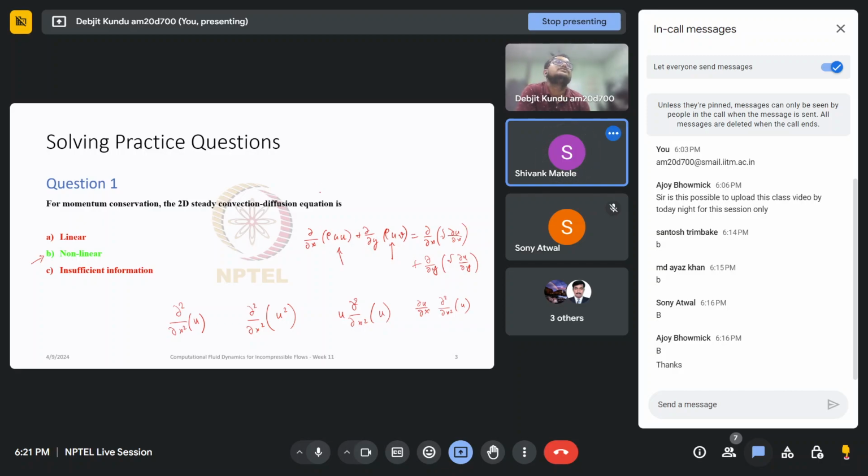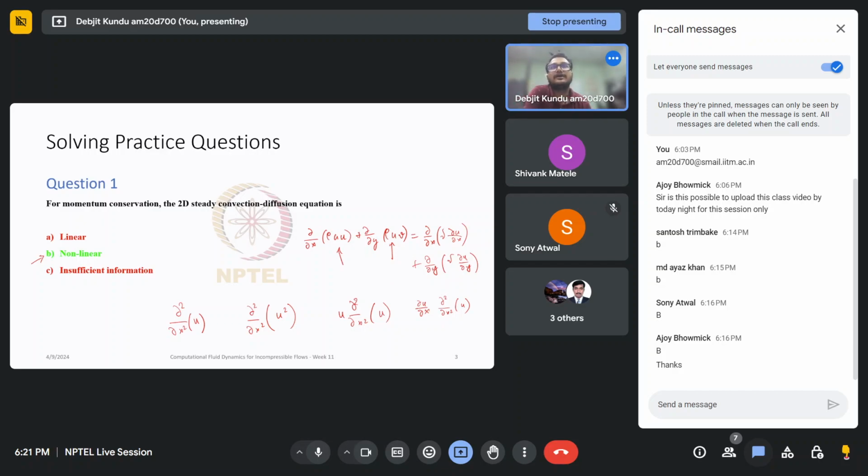See, the thing is, you'll have to forget about all the derivatives and just look at the variables in question. So in this case, you'll have to forget about all the x's and y's and look at the u's and v's.